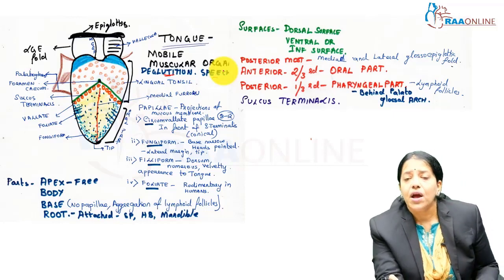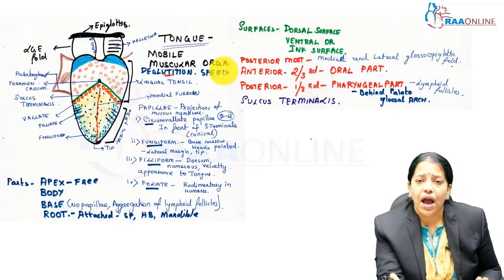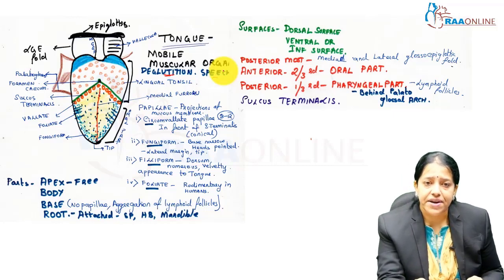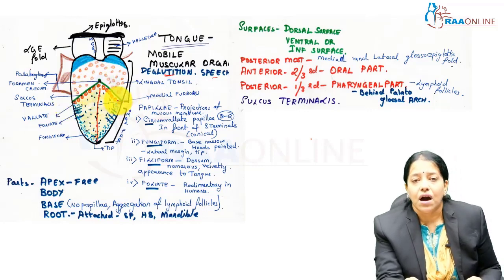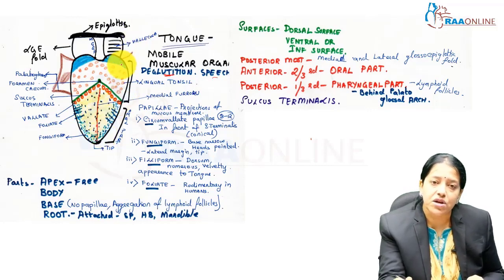important organ. Now coming to the external features of the tongue, if you see this diagram, it is divided into two parts. You can see over here, we have a foramen cecum in the center of the tongue. And then we have a V-shaped sulcus, which is called the sulcus terminalis, which divides the tongue into the anterior 2/3 of the tongue and the posterior 1/3 of the tongue.